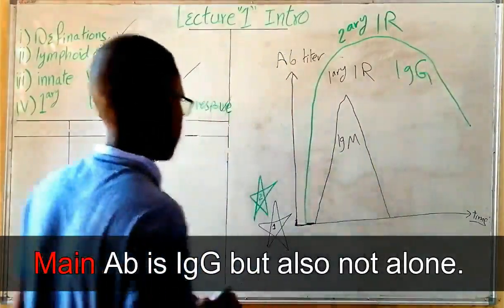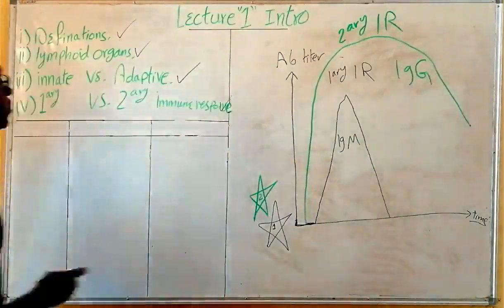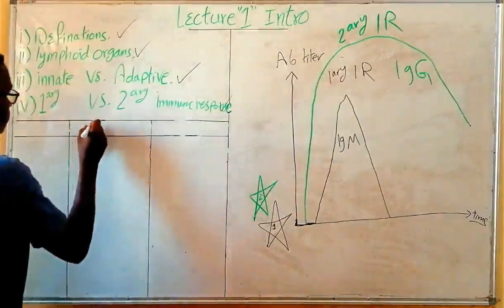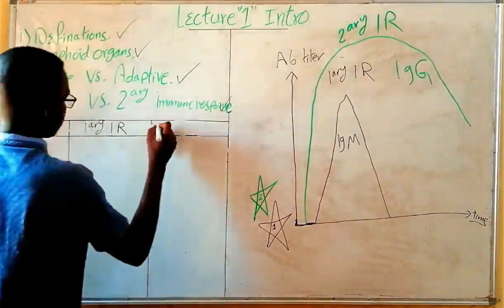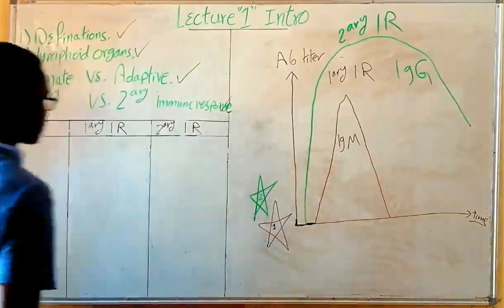So let's put this into the chart, or the table. Well, we have primary immune response, we have secondary immune response.